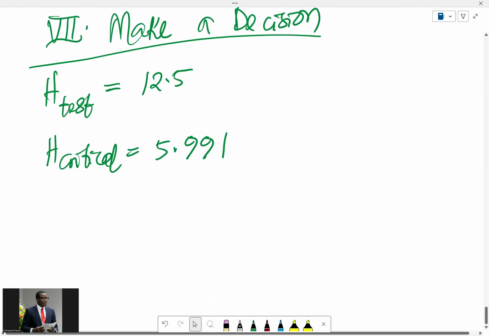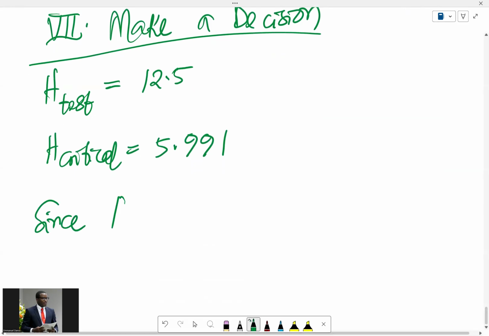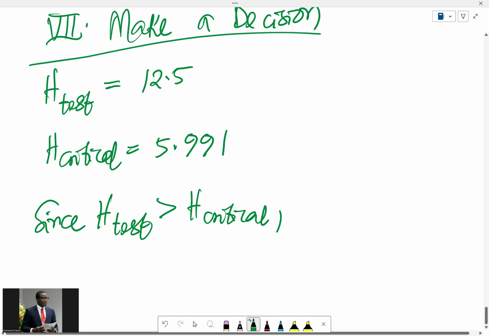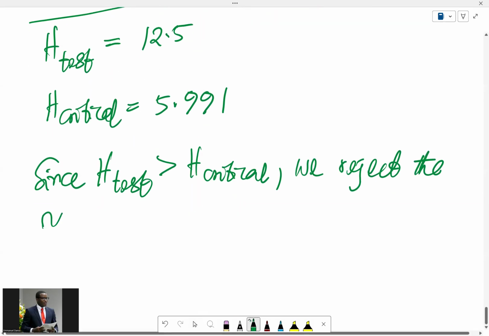Since the test statistic H test is greater than H critical, the value from the table, the condition is that once the test is greater than the critical, we reject the null hypothesis.